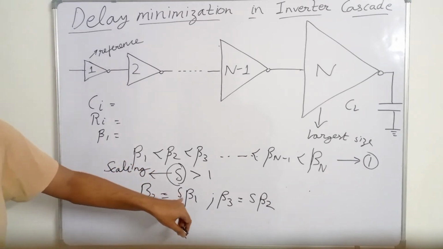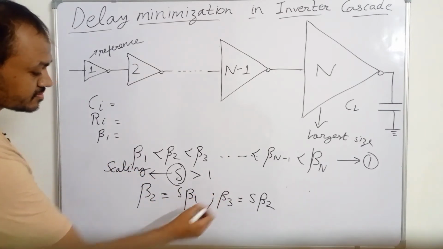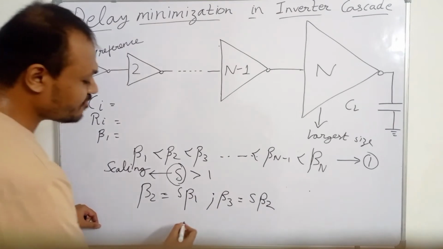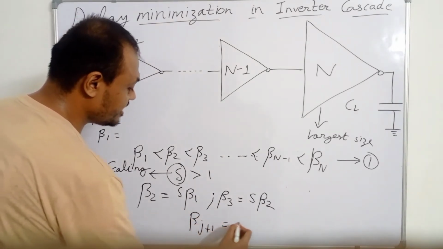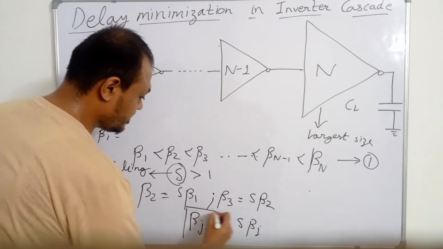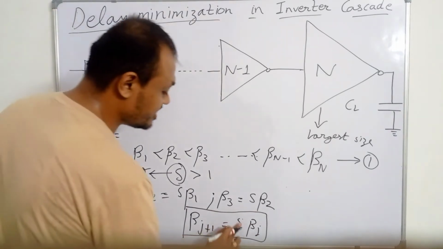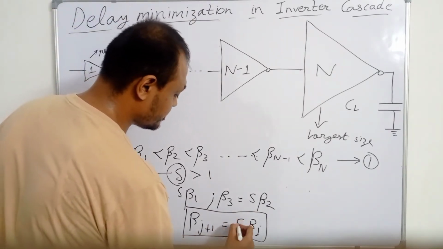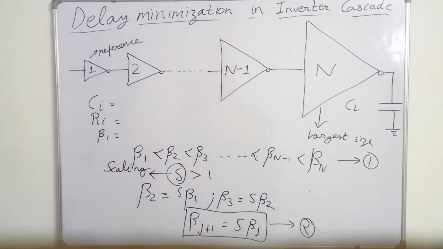So in general form we can write that beta j plus 1 is equal to s beta j, where beta is the transconductance. We write this as equation 2.